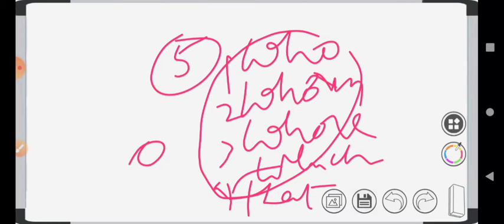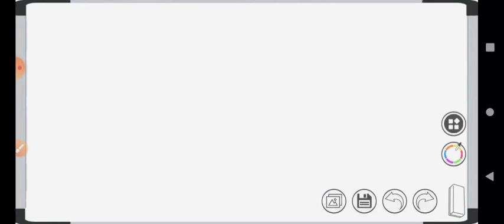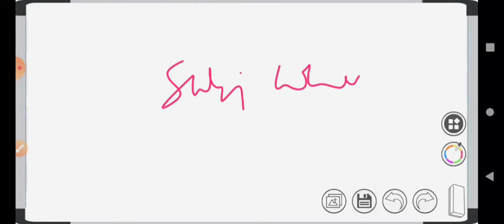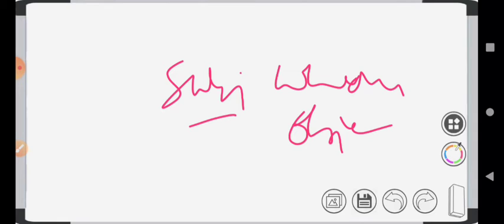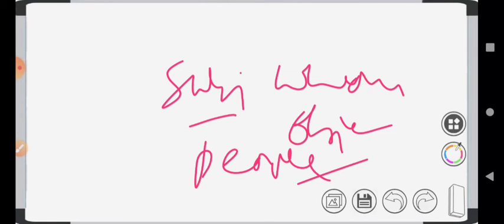Who and whom. Who functions as a subject, a subjective relative pronoun. Whom functions as an objective relative pronoun. Generally they are used for people or persons.